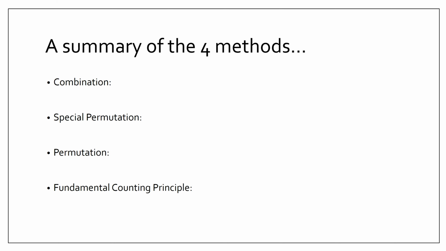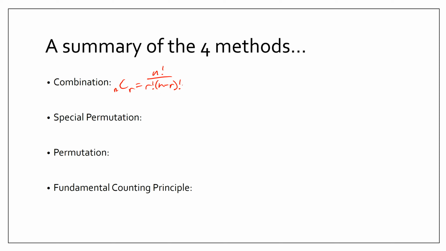Okay, so remember we had four different methods. We had the combination, we had the special permutation, the fundamental counting principle. So I want to summarize these quickly for you and just give you some pointers to look for so that you know which method to use when. So first of all, the combination, we know that the formula is nCr, and that's n factorial over r factorial, n minus r factorial.